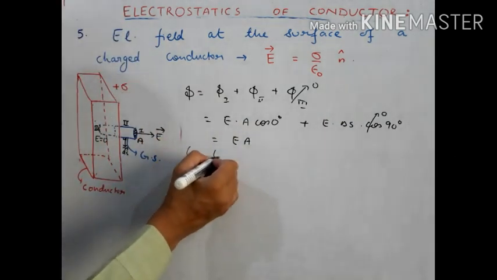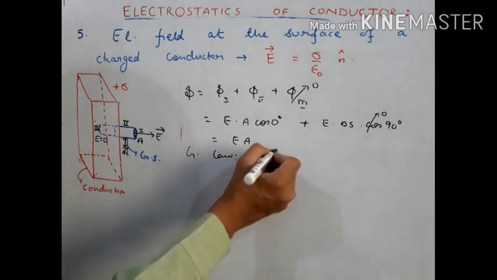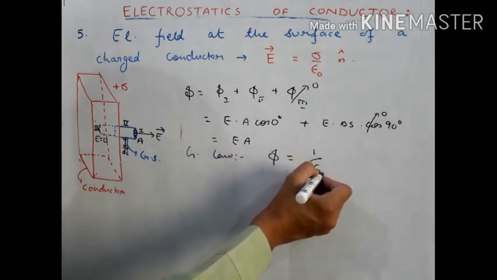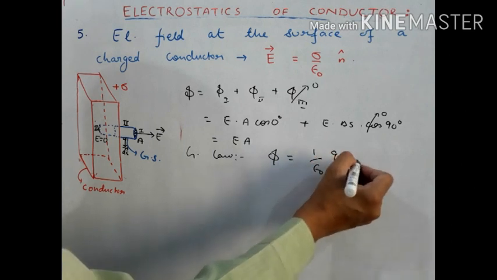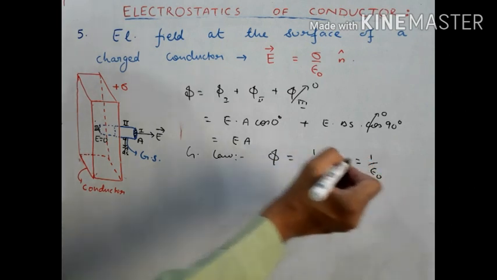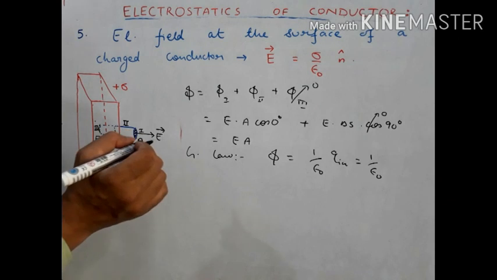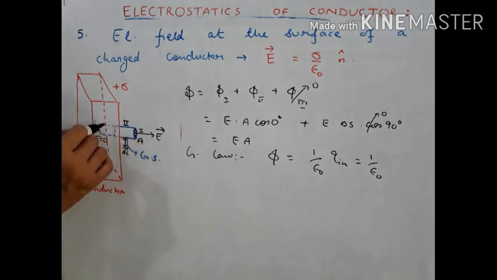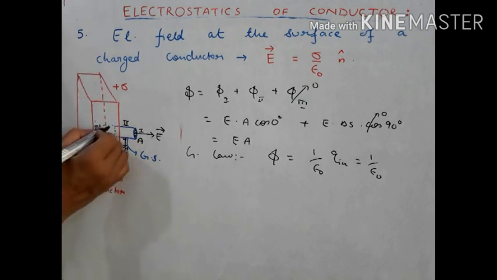According to Gauss law, this flux phi must be equal to 1 by epsilon naught times Q in. This is equal to 1 by epsilon naught times. Now what is Q in? Q in will be the charge enclosed within the Gaussian surface. This Gaussian surface meets the conducting surface at this region.